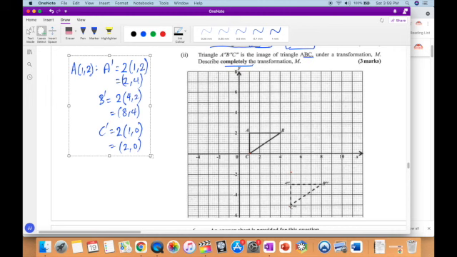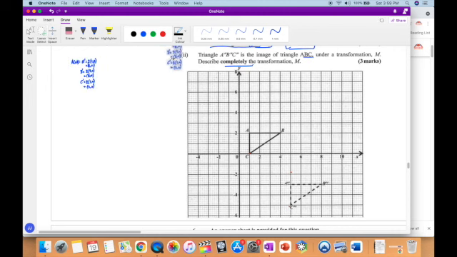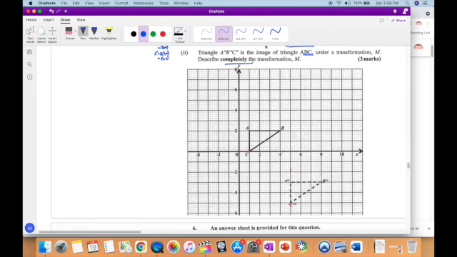And they say completely, so we want to be as thorough about it as possible. Right? It's 3 marks here, so let me see if we have 3 things to write at least. So M is a translation where the object, which is ABC, is mapped with a translation T to the image double prime, A double prime, B double prime, C double prime.